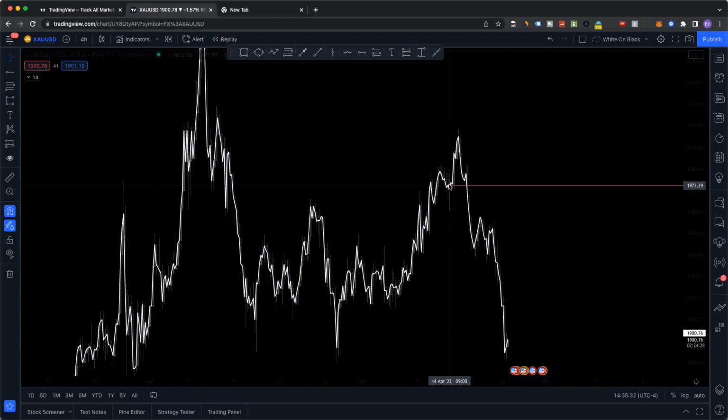H4. So H4 to H4. We also have this H4, so H4 to H4 to H4. Price moved from this RDS, comes up, finds this, and moves down.